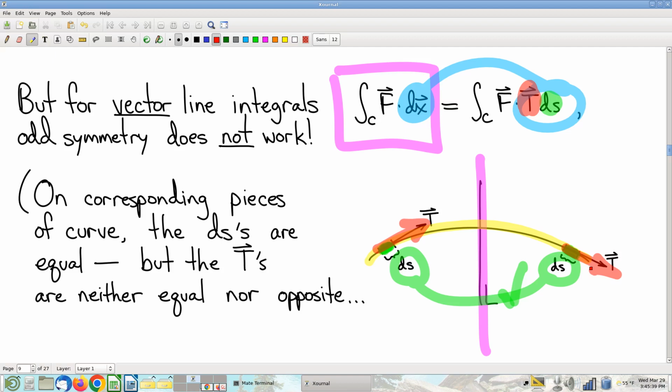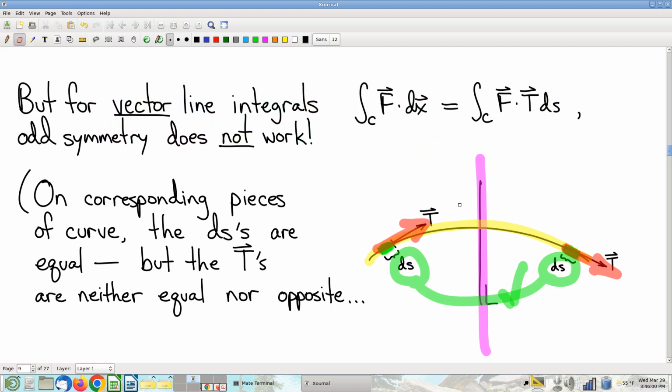They're just different. So, again, make sure you do not try to apply symmetry to vector line integrals. Everybody with me? Dangerous, possible, easy oops to make there.